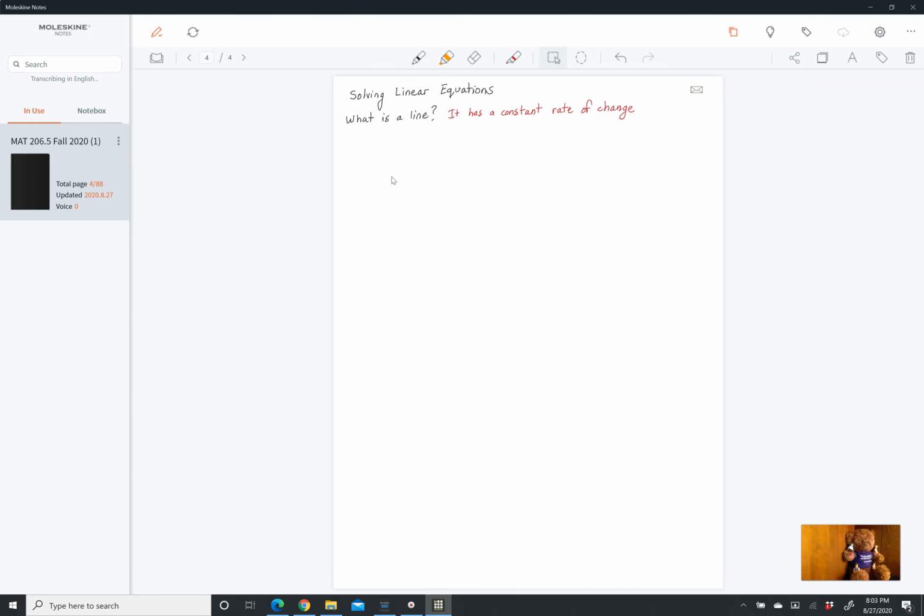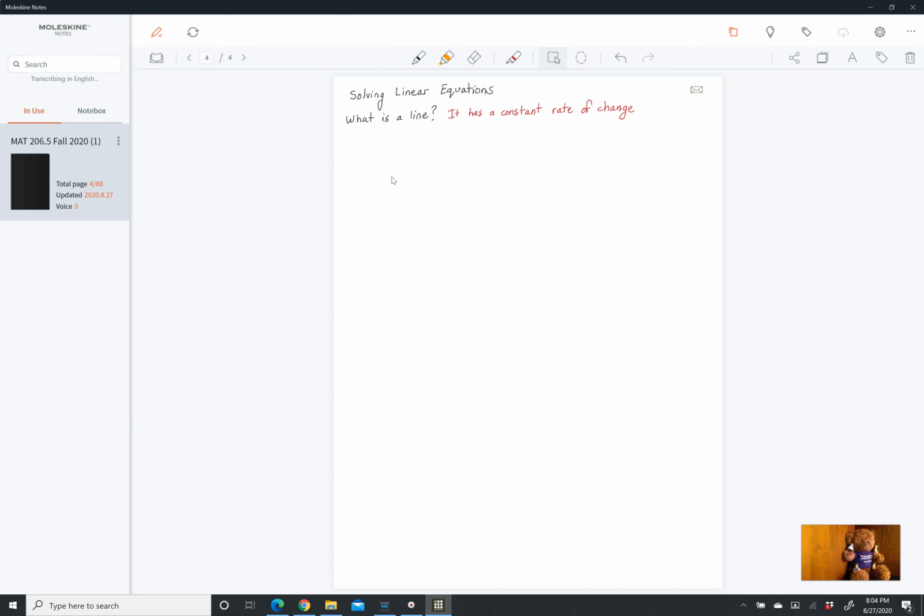That change is constant. You might see this in terms of price. If you buy 2 notebooks and it costs you $3, if you buy 4 notebooks, it's going to cost you $6. You're buying double the notebooks, so it's going to cost you double the price.